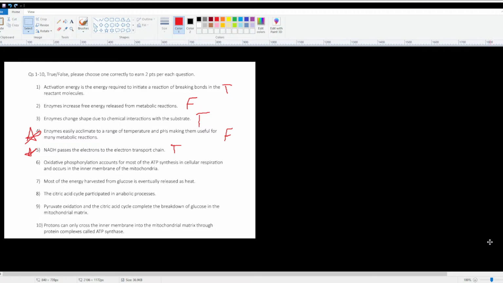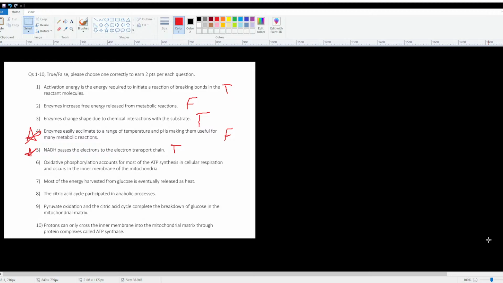In glycolysis, we're trying to make pyruvate, and then from pyruvate we make acetyl CoA, and acetyl CoA feeds into the citric acid cycle, not to make ATP, but to make NADH. So if you look at all these processes, you'll see that ATP synthesis is not really the primary goal. The goal is to make as much NADH as possible.